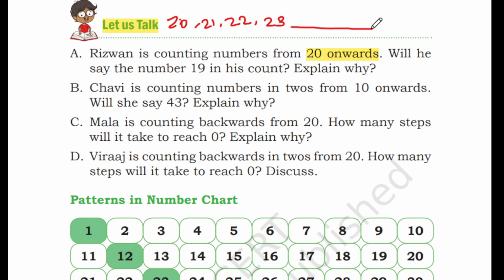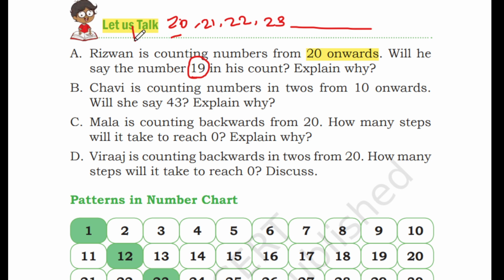So likewise, he is counting numbers from 20 onwards. Will he say the number 19 in his count? Explain why. So this is a yes or no question and we need to write an explanation. So will he say the number 19? No, he will not say the number 19 because he starts the counting from 20.